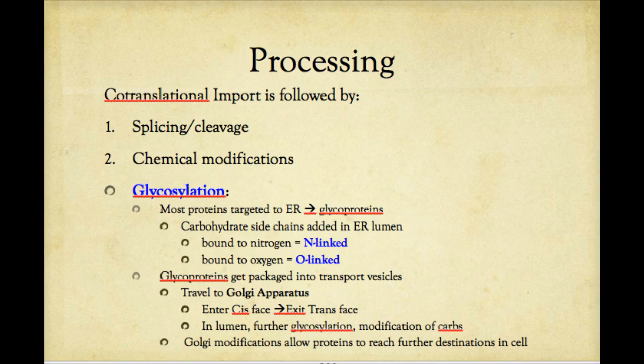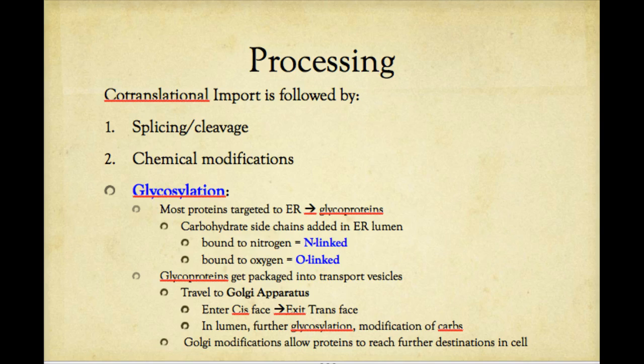Now, we talked about some of the ways that chemicals can be added or removed from this processing protein. But one of the things I want to stress here is the process of glycosylation. Most of the proteins, actually, that get targeted to the ER are going to become glycoproteins. They're going to have carbohydrate added to them.